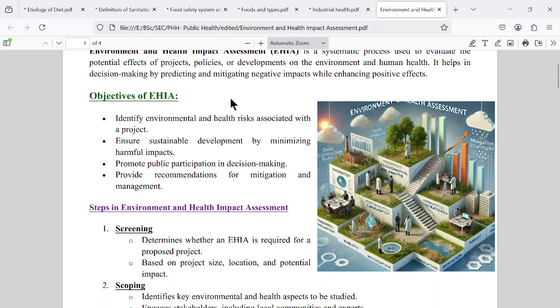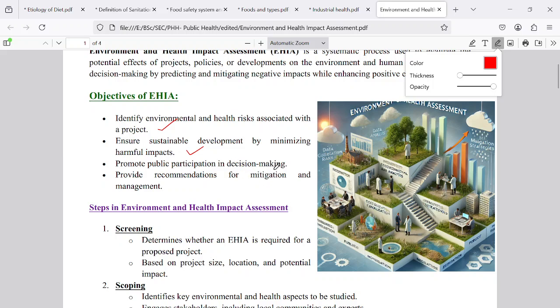Then the objectives of the EHIA are the identification of environmental health risks associated with a project. In that project, first we have to measure the environmental issues. Then sustainable development practices, if there are any.